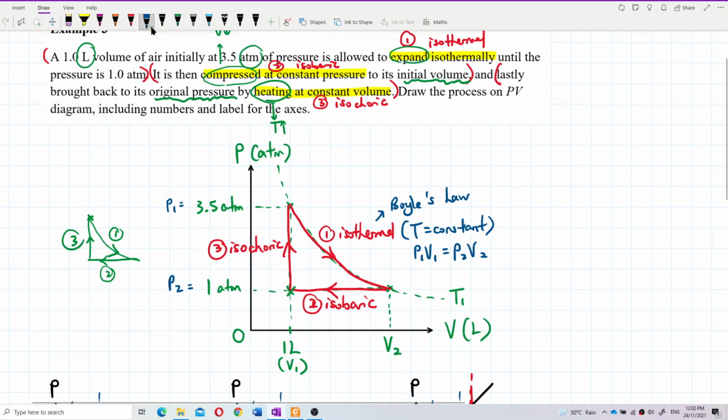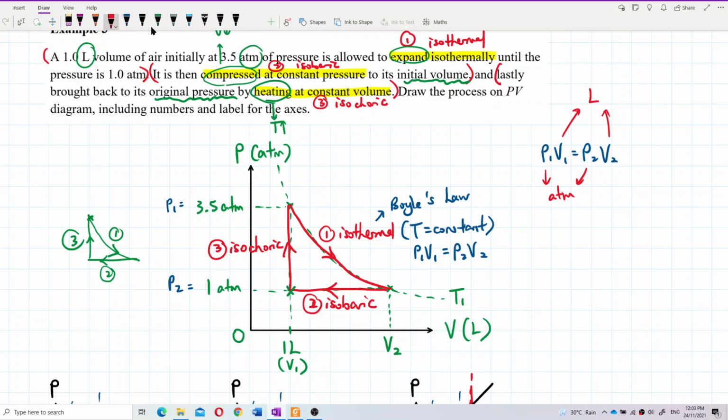Okay, so P1 V1 equal to P2 V2. We actually can maintain this unit, because they have the same unit, isn't it? What I want to tell you is this one you can maintain as atmospheric pressure. No need to change to Pascal. This volume you can put as liter.